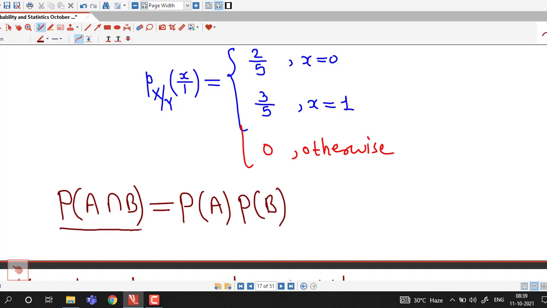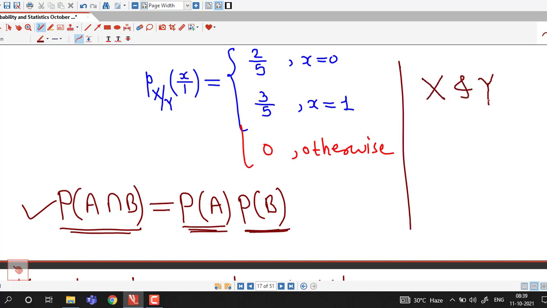If probability of A intersection B equals probability of A times probability of B, then A and B are independent events. Using this definition of independent events, we can define independent random variables. Suppose I have two random variables x and y which are discrete.